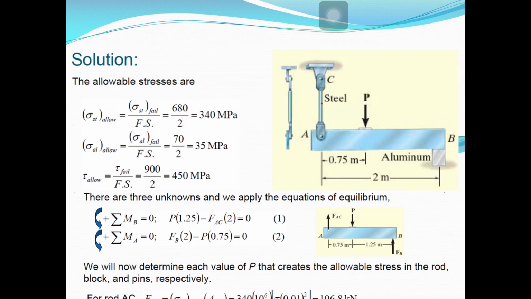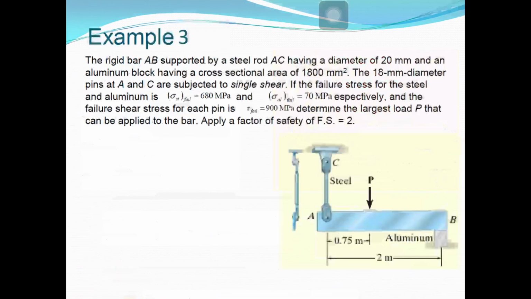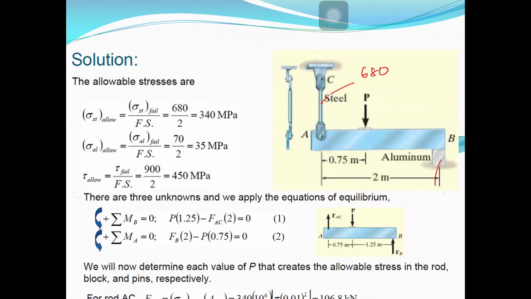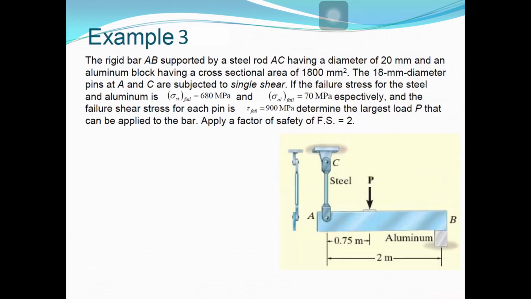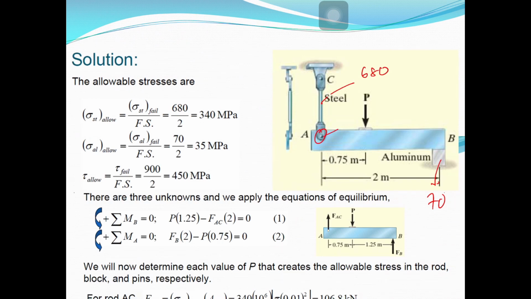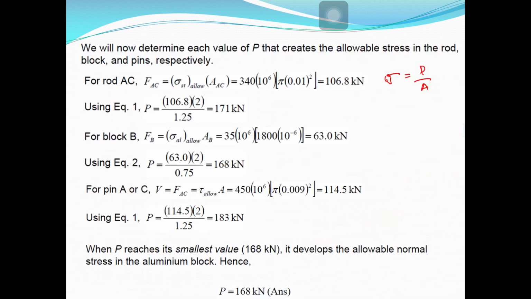Why do we need to divide? So this one is 340. 70 is aluminium, and then pin is 90. So each one you need to divide by the safety factor before we proceed with the solution.